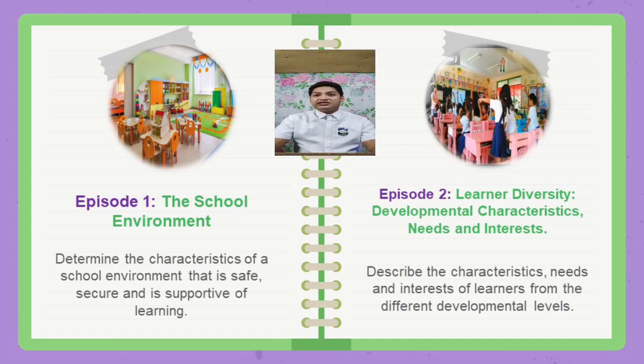It must be conducive for learners in many aspects, considering the different facilities of the school. And the next is you should keep the school safe, clean, orderly, and free from distractions, and then maintain facilities that provide challenging activities.